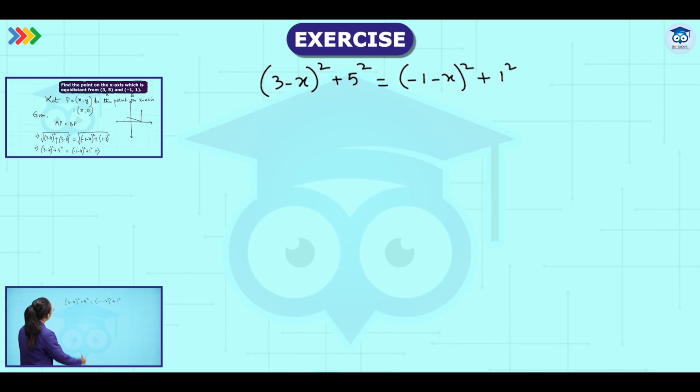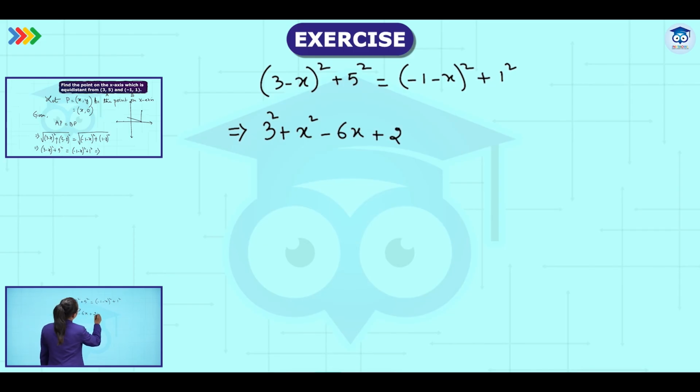We'll open the bracket. When we open this bracket, it's like a minus b the whole square, so a square plus b square minus 2ab. So 2 into 3 is 6, 6x. Plus this is 25. Again, this will be expanded. Now see, both are having negative, so it will be positive when we expand.